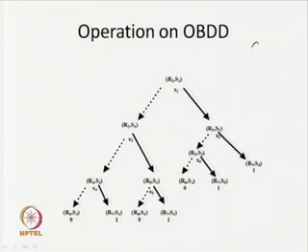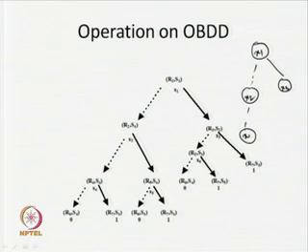I am getting, say, this is your x1, this is the dashed line, this is the solid line. In the dashed line I am getting x2, in the solid line I am getting x3. In this dashed line I am getting x4, and in this solid line I am getting x5.